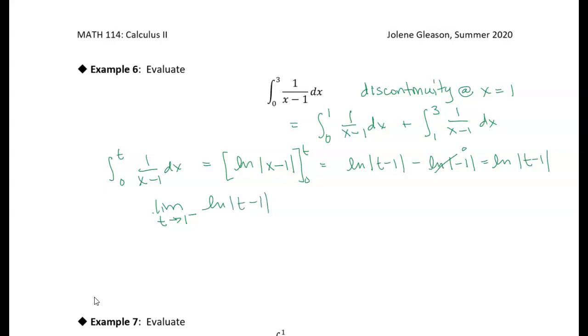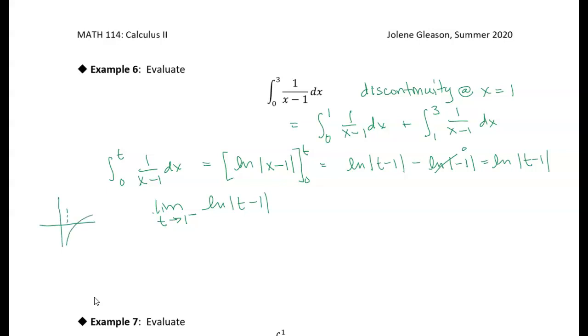Okay. Now, what happens is as I approach 1 from the left, it just starts looking like the natural log of 0, which is infinity. Well, actually, we could draw it. It's actually minus infinity, I believe, if I come at it from the left, right?